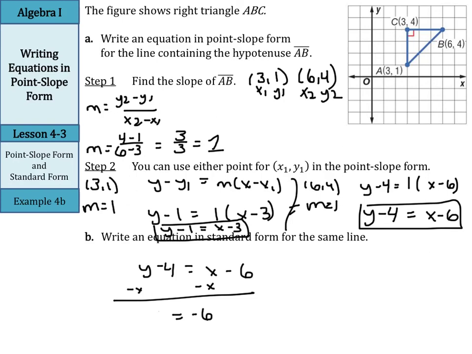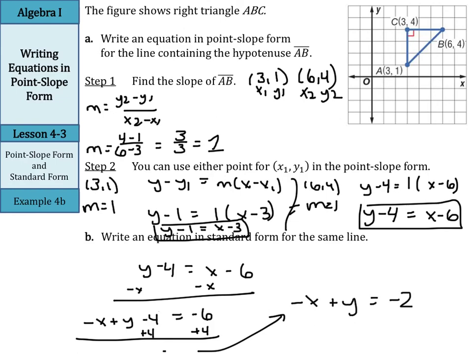What we're left with is negative x plus y minus 4 equals negative 6. Easy mistake if I can make it here. Try not to make it yourself. Then we'll finish by adding 4 to both sides. And we're left with, I'll bring it up here since there's more room, negative x plus y equals negative 2. Neat thing is, even if you used the other point slope form, you should still get negative x plus y equals negative 2. Good luck.